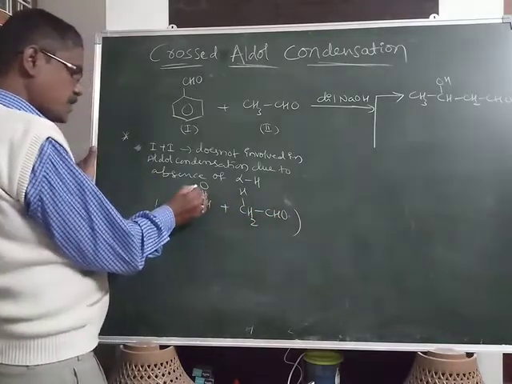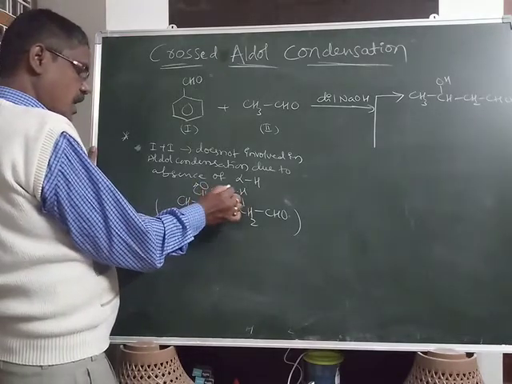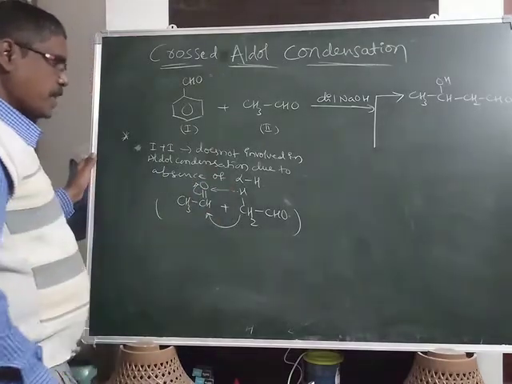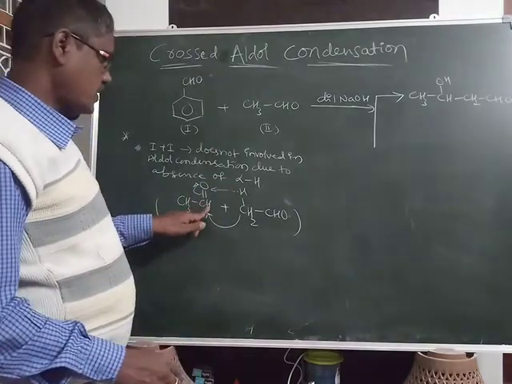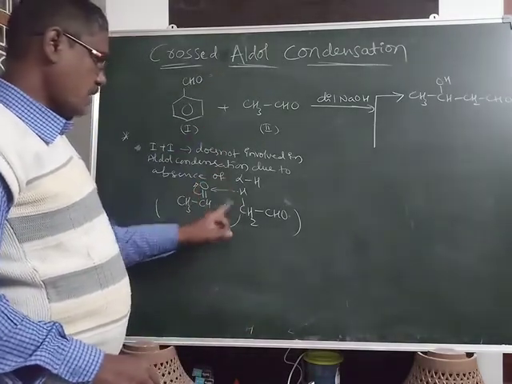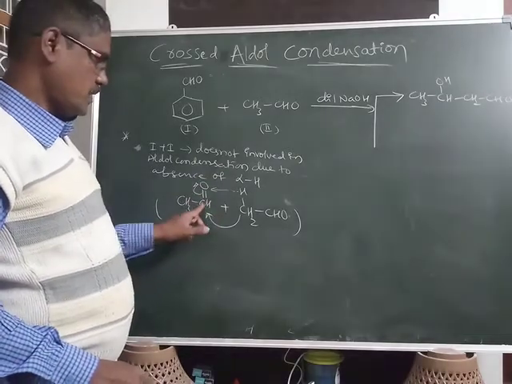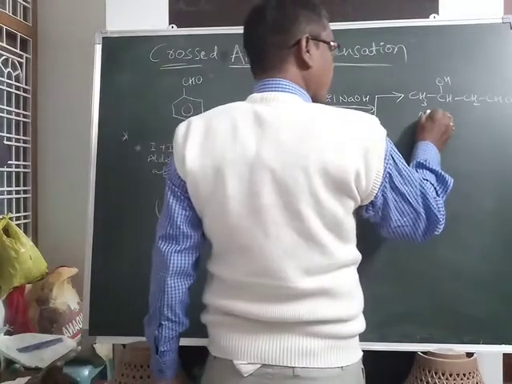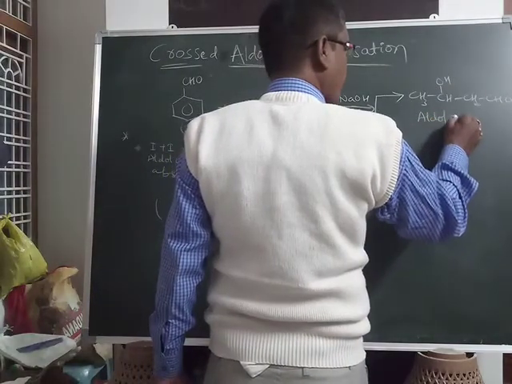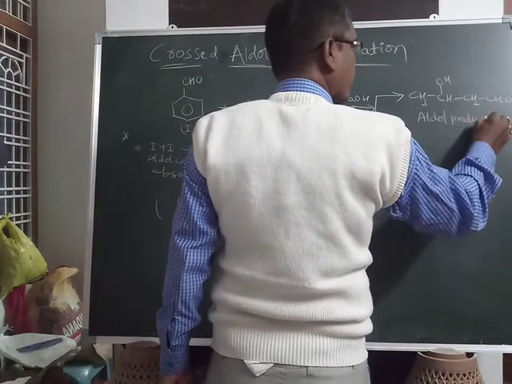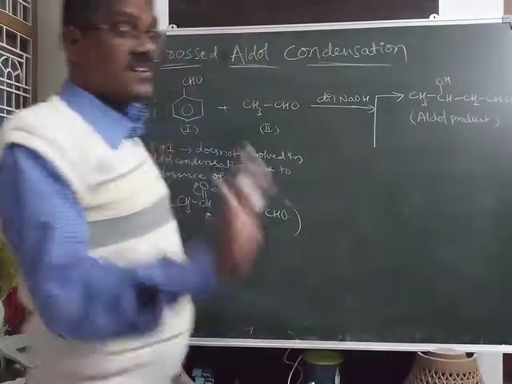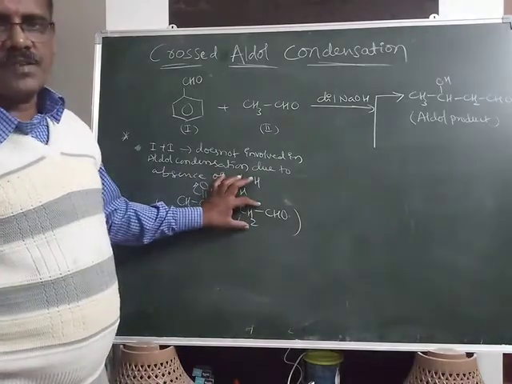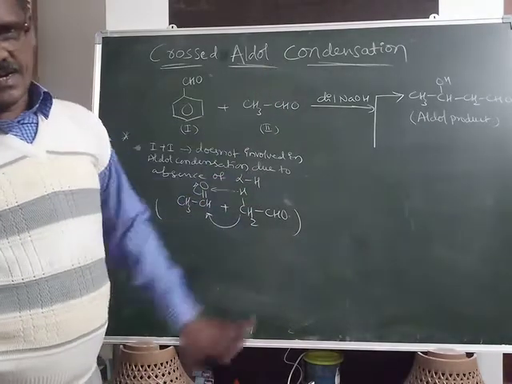By the shifting of this bond, hydrogen is added here, and a new bond is formed with this one, giving CH3CH(OH) and the new bond CH2CHO. So this is the aldol product, and not the crossed aldol. One molecule of acetaldehyde and another molecule of acetaldehyde combine to form the aldol product.